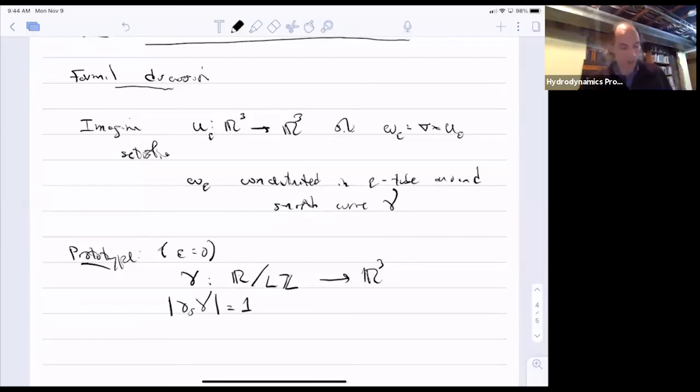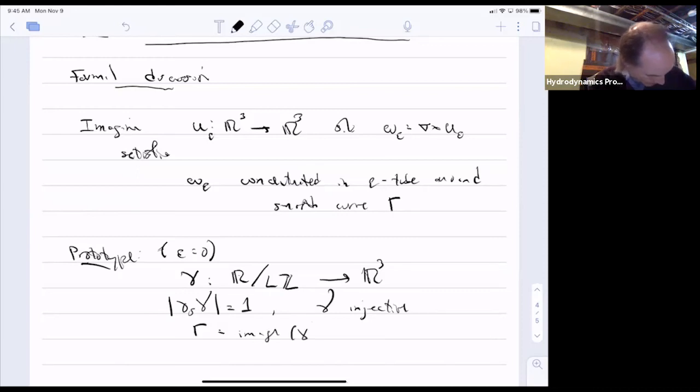So that says I have an arc length parameterization. And let me always assume that gamma is injective. And let me distinguish between the parameterization little gamma, and let's say capital gamma is the image of little gamma.